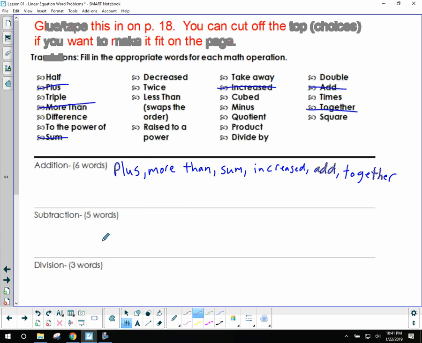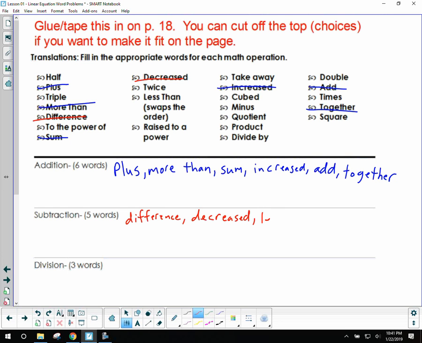Subtraction. Let's see. Sum. Ooh, difference is a good word. Decreased. Sometimes you'll hear decreased by. Let's see what. Less than. Notice it says swap the order. That's a big problem a lot of students have, they forget to flip the order.